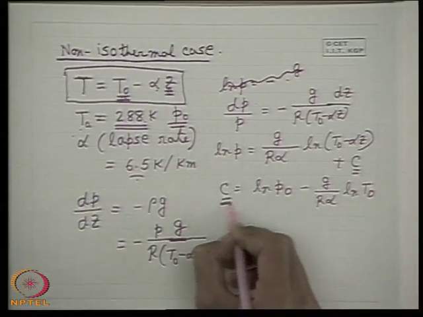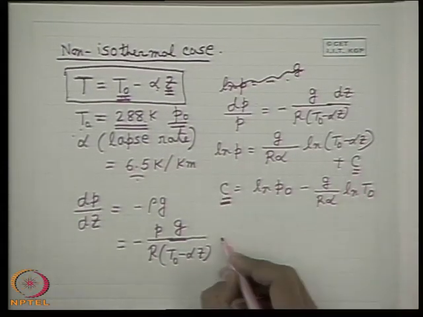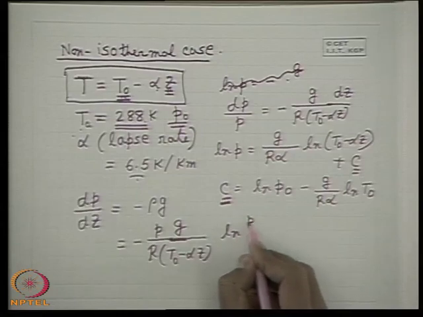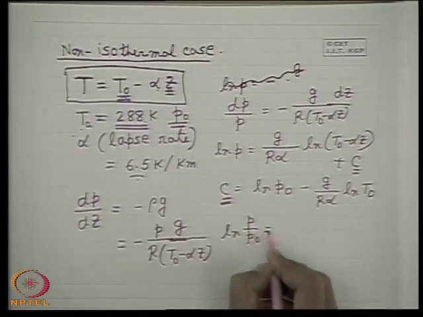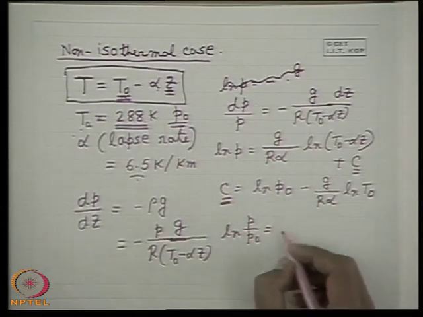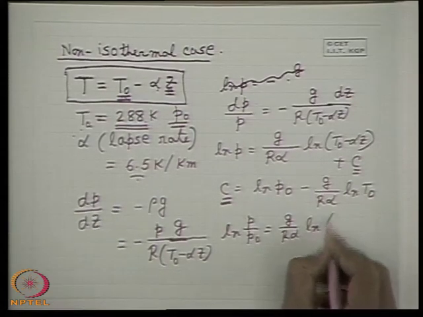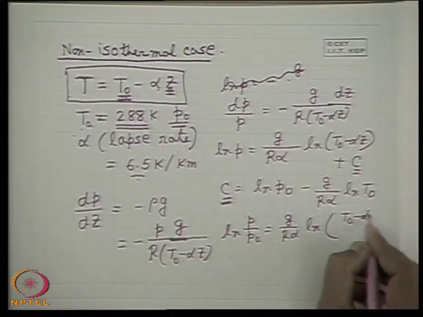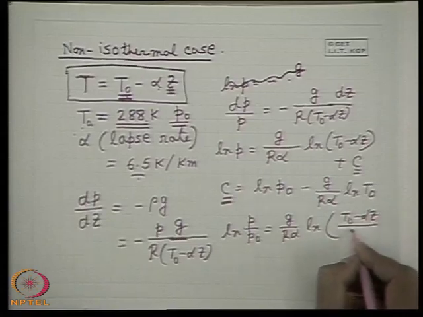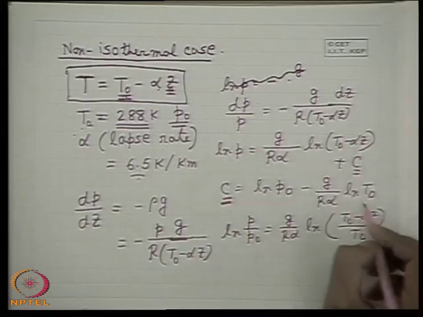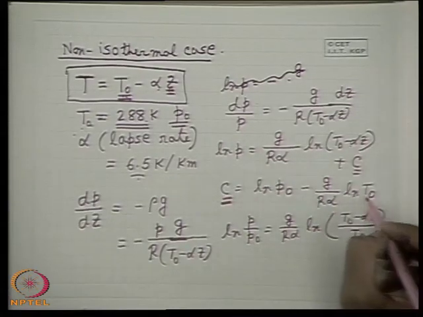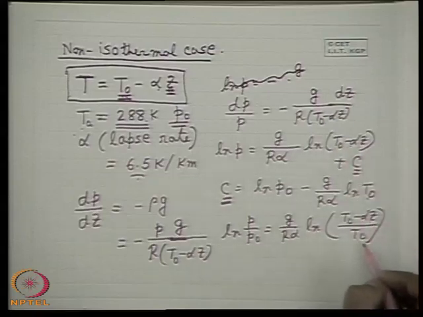So, if I substitute this value of C here, then I get a simple expression: ln P by P0 is G by R alpha ln T0 minus alpha Z minus ln T0. I take inside, ln this minus ln this is ln this by this, that means T0 minus alpha Z by T0.